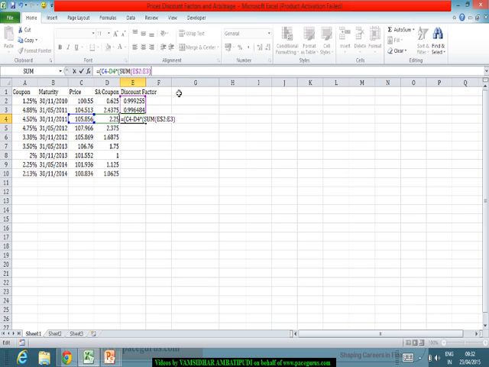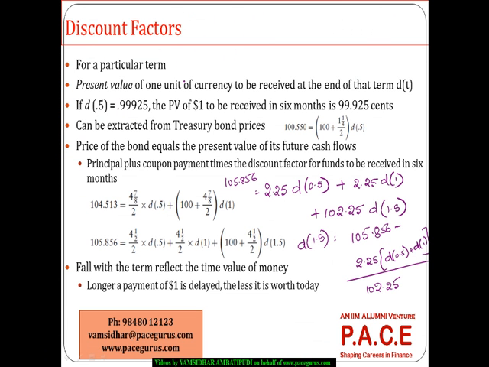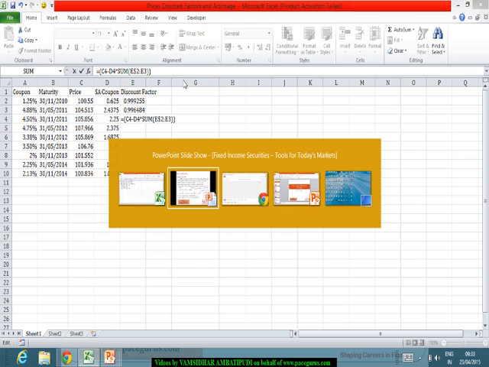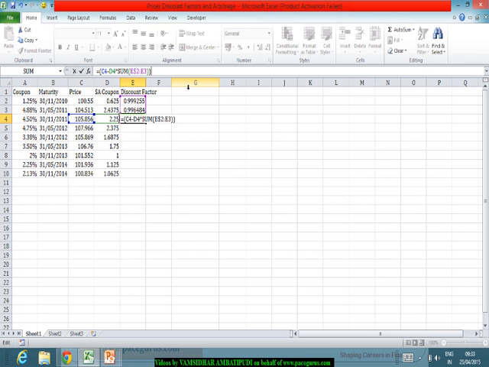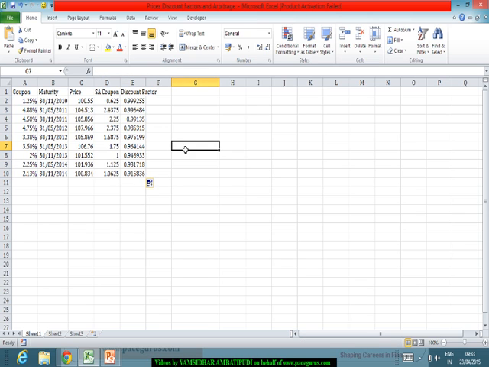So I am looking at the price minus the coupon times the sum of all the discount factors. This entire thing I am dividing by 100 plus whatever is the semi-annual coupon amount. So this is giving me the discount factors across each of the periods.